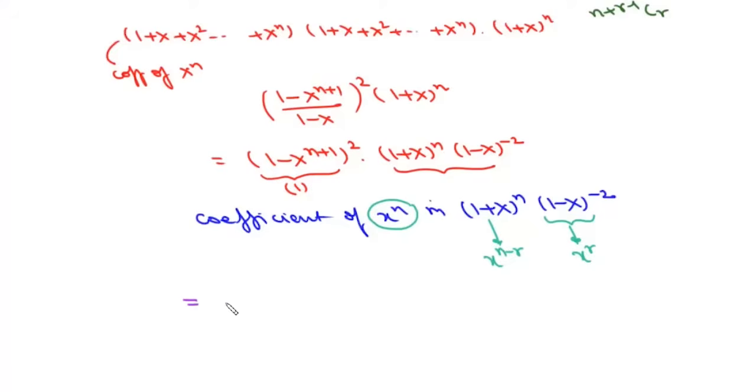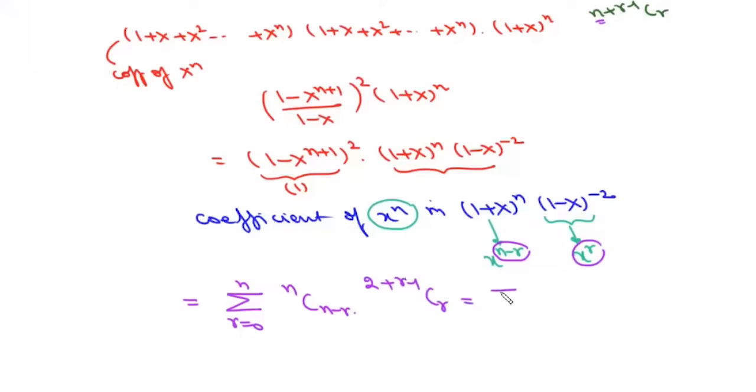Now this coefficient will be given by this summation, r varies from 0 to n. Now the coefficient of x to the power n minus r will be nC(n minus r) into the coefficient of x to the power r. Now in this case the value of n is 2, so it will be 2 plus r minus 1 Cr.